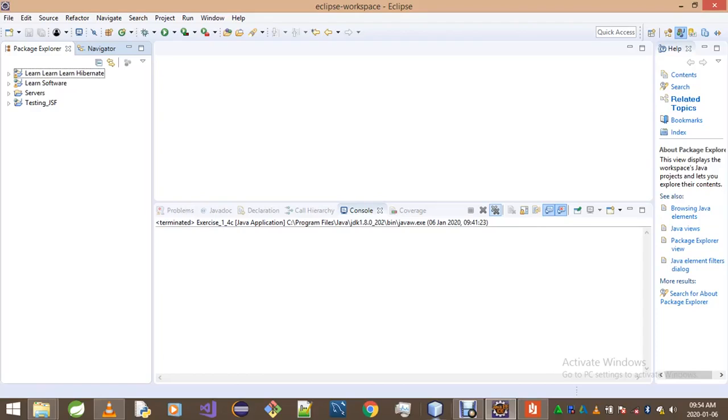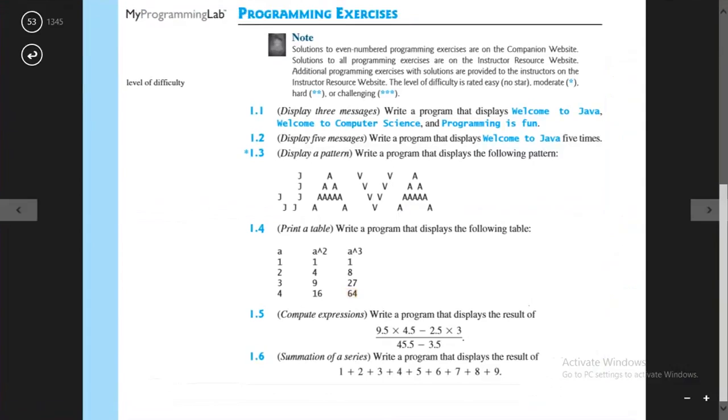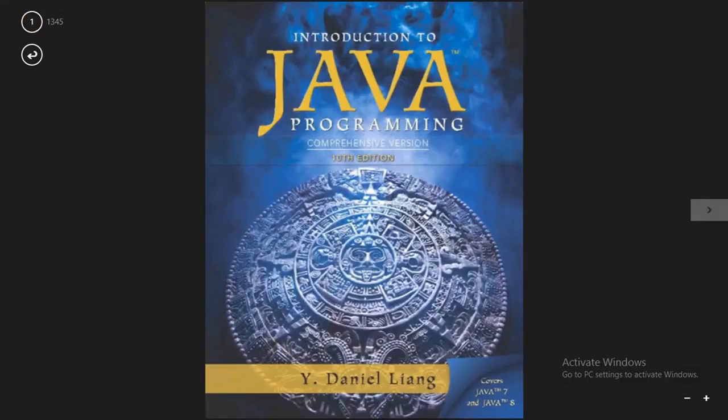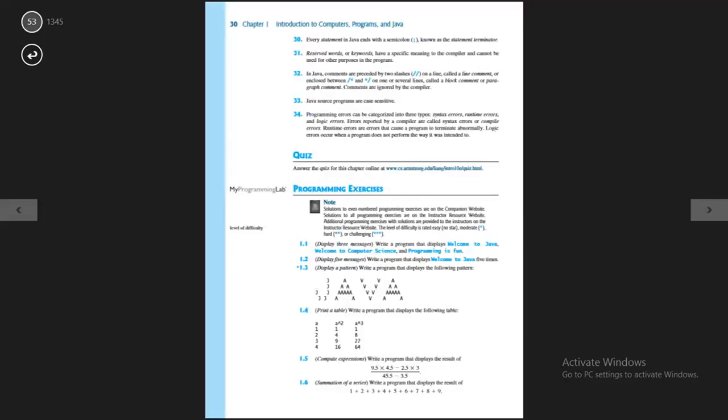So today, what you're gonna be working on, by the way, is exercise 1.5 from this textbook right here. This is the textbook we're gonna be using, and what we're working on is actually exercise 1.5. I'll also leave a link to this PDF in case you wanna have one.